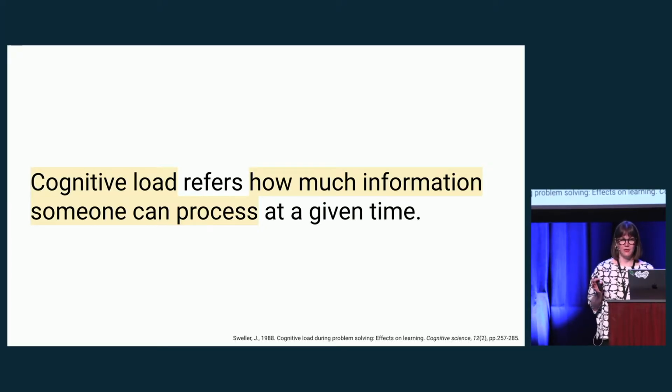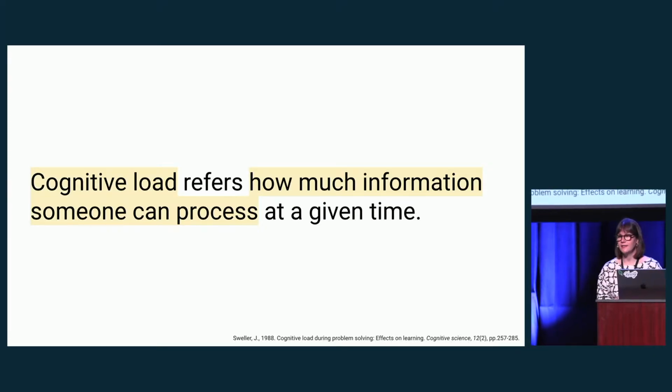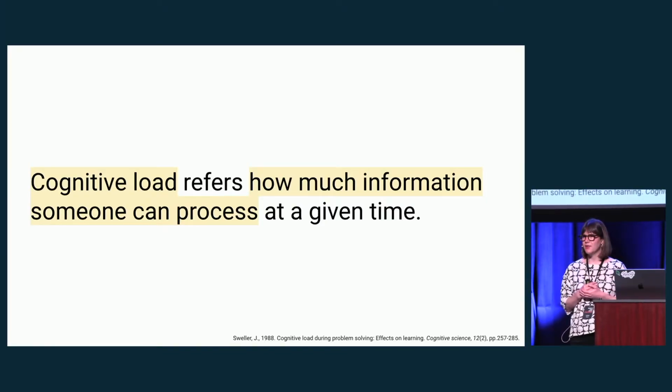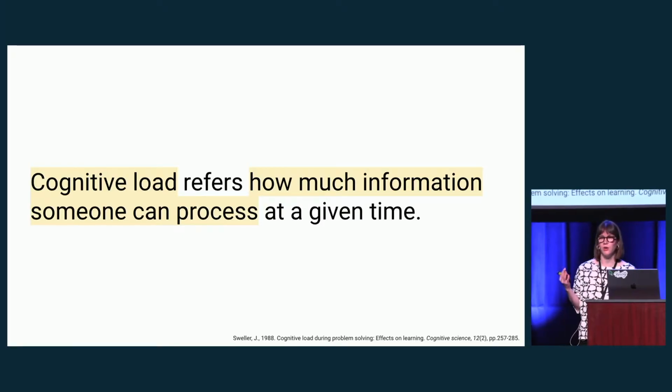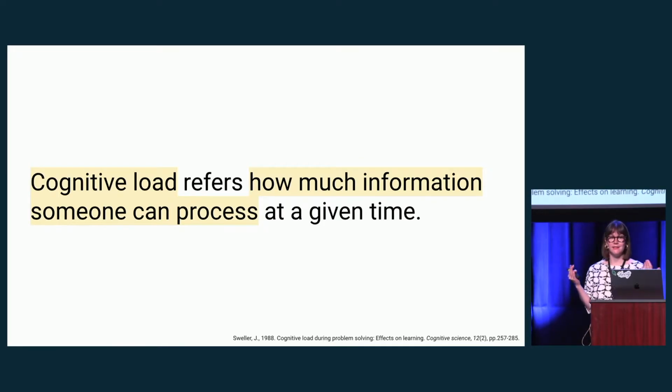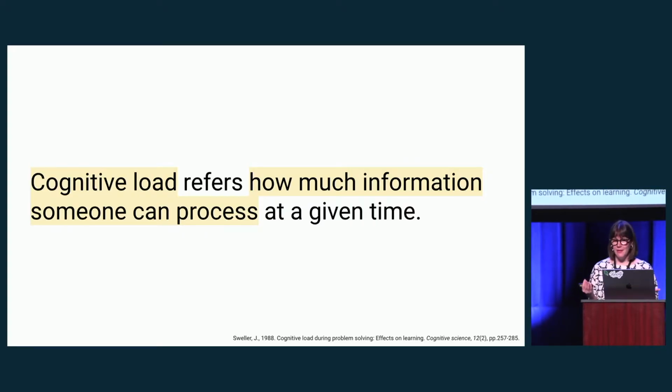In directing information, it's important to consider something called cognitive load. I think yesterday there was a talk where someone mentioned information overload, and so cognitive load is sort of a similar concept. So cognitive load is really what a learner can feasibly process in their mind. And so this thought posits that working memory is limited.